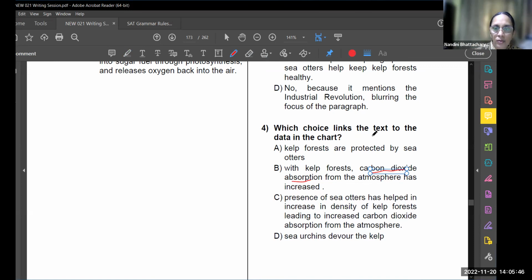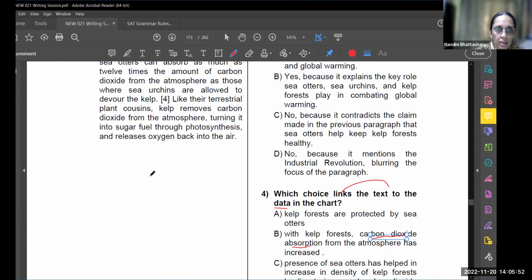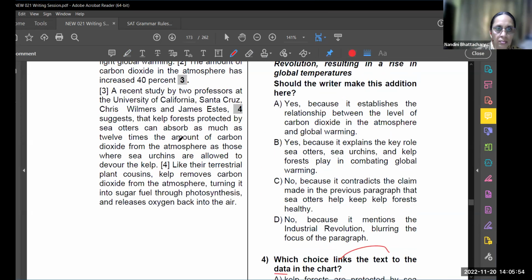Now, here what we are talking about links the text to the data in the chart. So the text is talking about kelp forests protected by sea otters, which can absorb as much as 12 times the amount of carbon dioxide from the atmosphere. Now we are talking about this part. So what can you use to replace this part, as those where sea urchins are allowed to devour kelp?